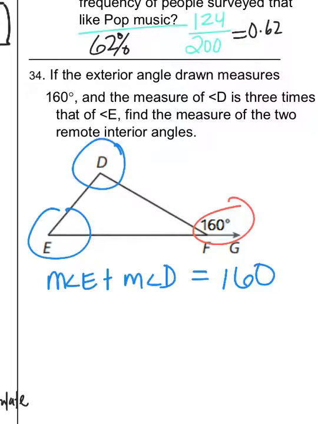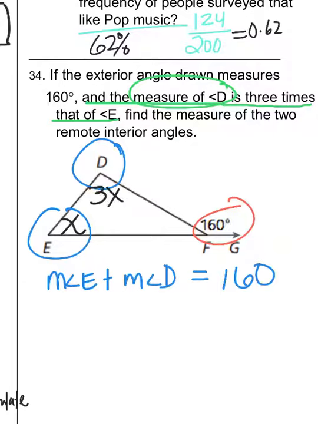In the problem, they tell us that the measurement of angle D is 3 times the measurement of angle E. They're telling us something about angle D, but nothing about angle E. That makes the measurement of angle E our x. And what we know about D is that it is 3 times whatever E is, so it's 3 times x.